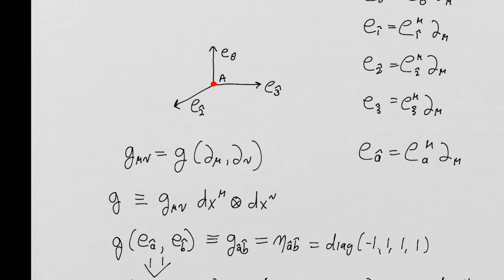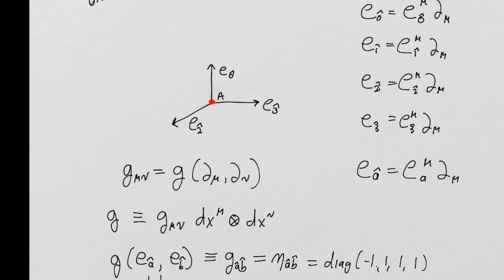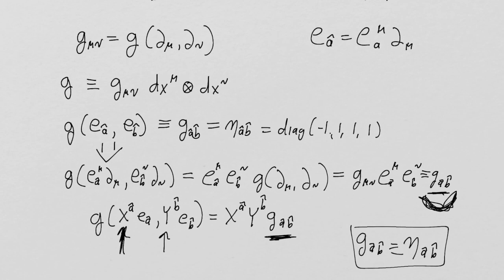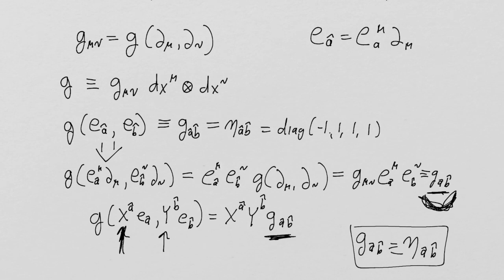But it's only done at the point of the lab, where Alice is sitting right now. She sets up her tetrad so that these numbers are such that all the off-diagonal elements of the metric go away, as long as she's working in this particular basis. So that is a quick and dirty class about how these tetrads work.